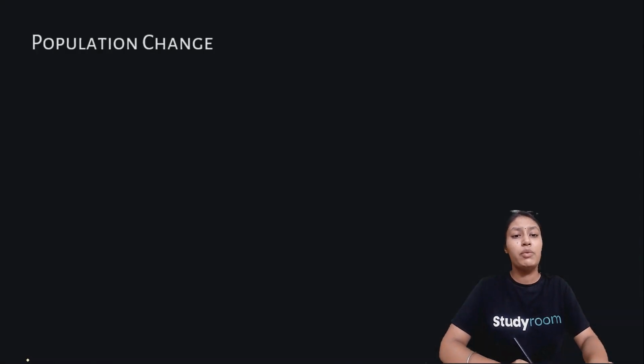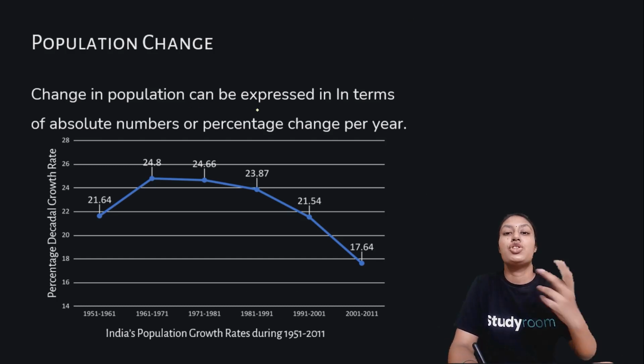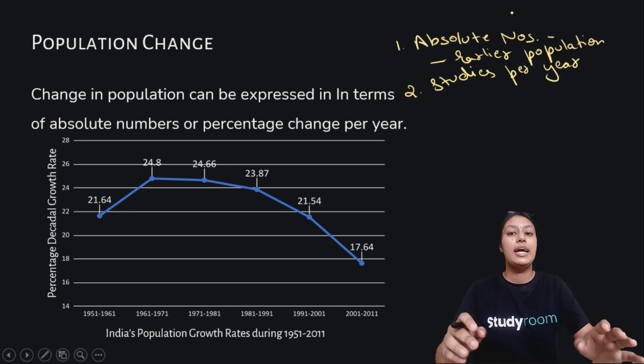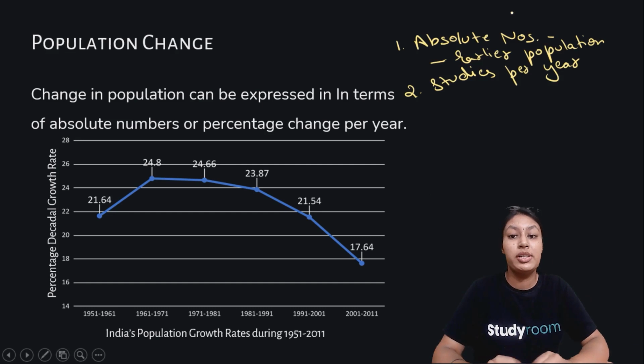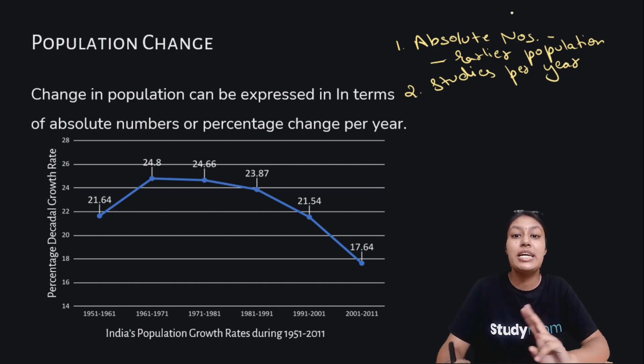Now we will discuss in detail how this happens and what the reasons for it are. Population change, or change in the population, can be expressed in two ways.